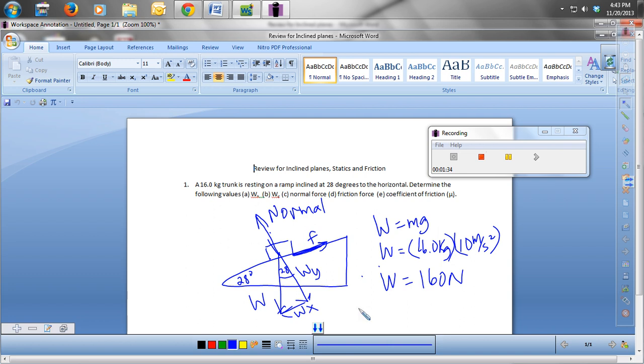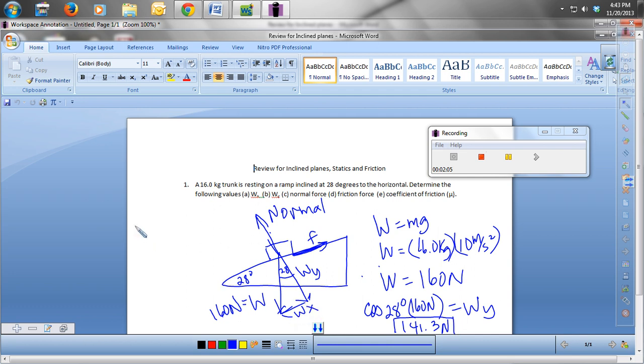WY is this side here, so it's going to be adjacent to the 28 degree angle. So I'm going to say the cosine of 28 degrees times the hypotenuse of 160 is WY. When I multiplied the cosine of 28 times 160, I got 141.3 for WY.